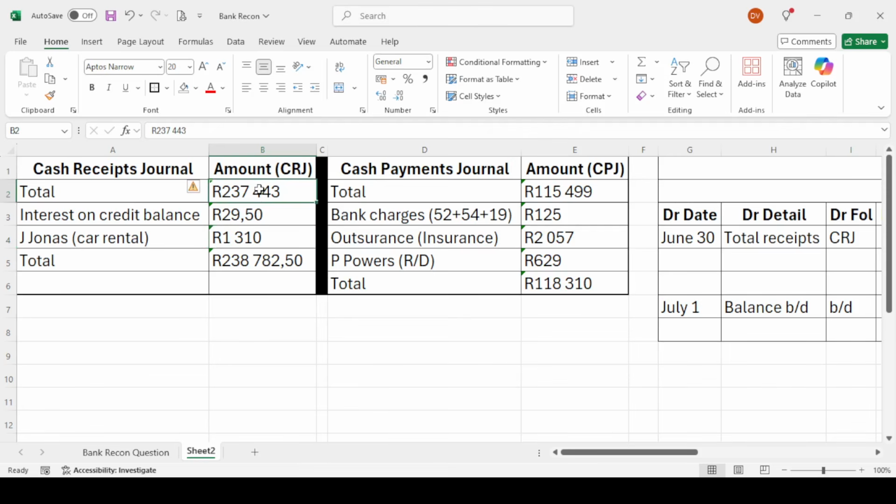You then add everything together again, and you now have a new total. So maybe some of you will already know now that this new total is the one that we will have to take to the general ledger. Yes. Okay, let's do our cash payment journal.